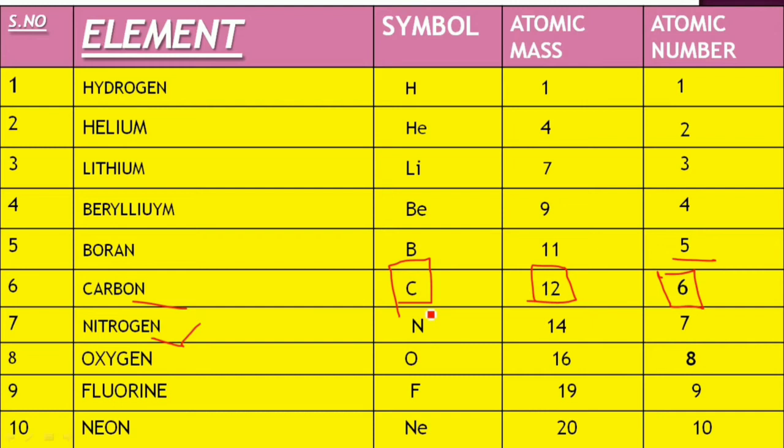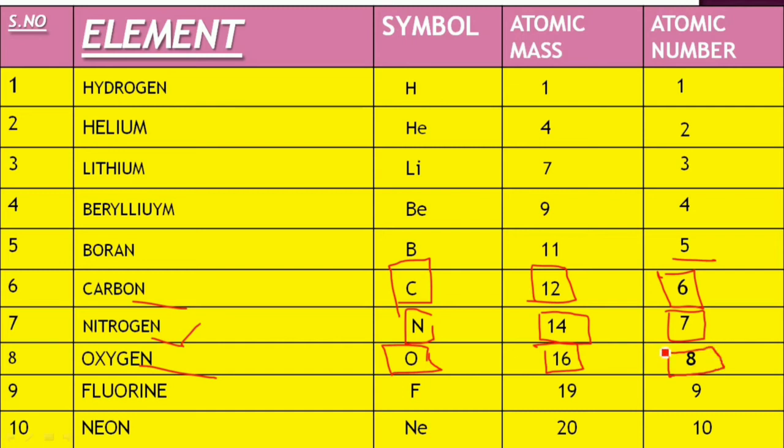The symbol of nitrogen is N, its atomic weight is 14, and its atomic number is 7. Now next, oxygen. The symbol is O, the atomic weight is 16, and the atomic number is 8.